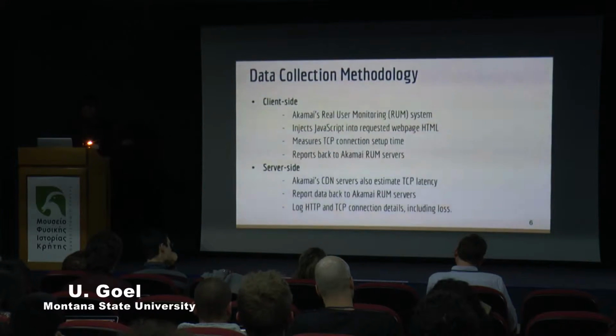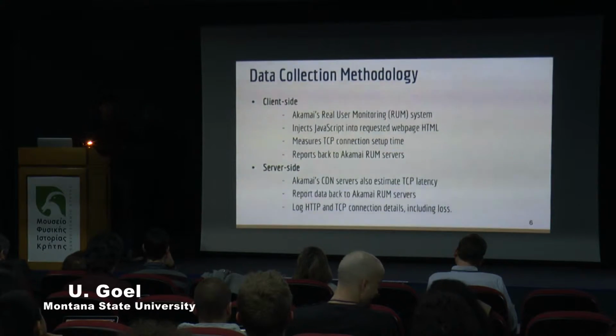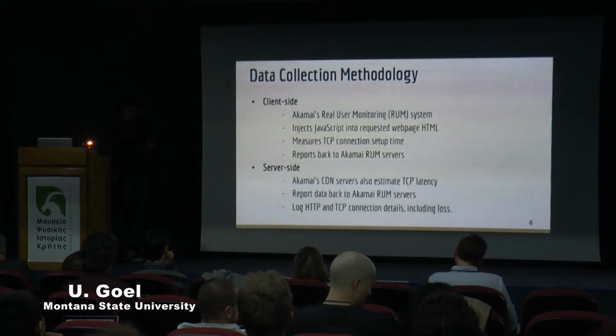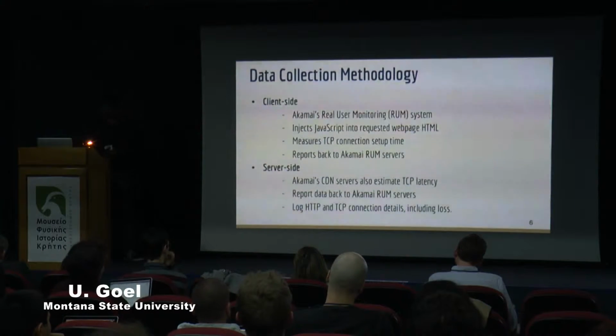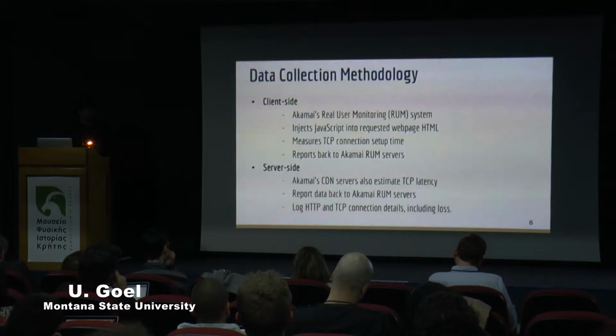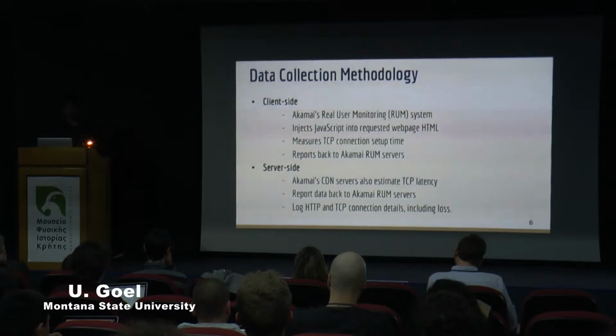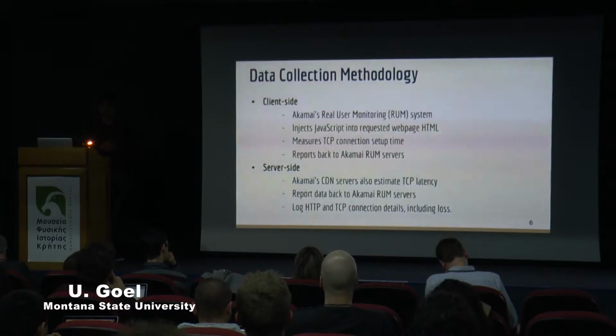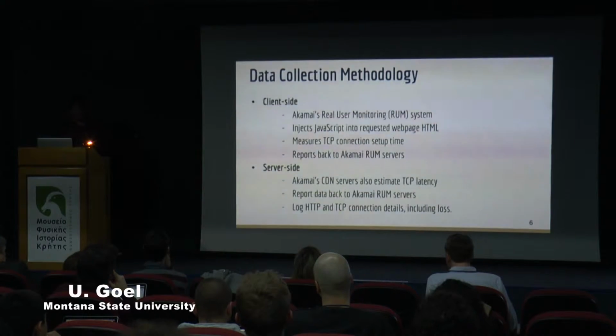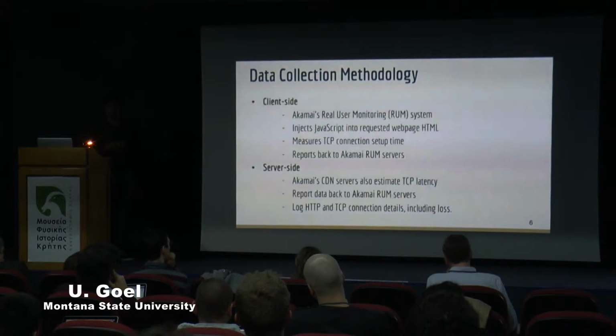Our data collection methodology to detect these proxies using all three metrics was based on collecting some data on the client side and some data on the server side. On the client side, we used Akamai's real user monitoring system, which allows Akamai servers to inject custom JavaScript code that uses the navigation timing API and collects time to establish a TCP connection, DNS lookup time, and page load times.